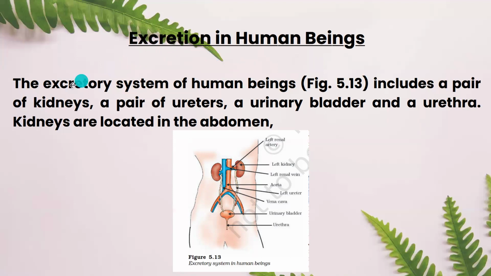The excretory system of human beings includes a pair of kidneys, a pair of ureters, the urinary bladder, and the urethra.